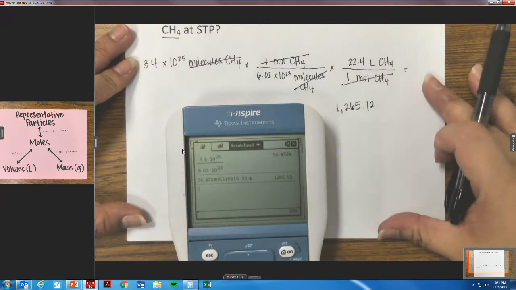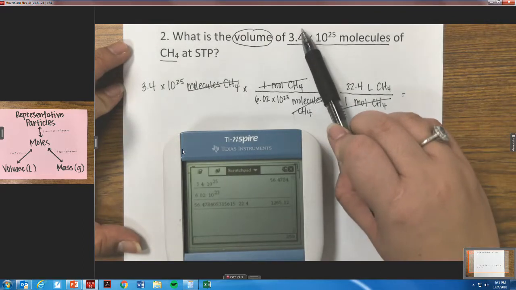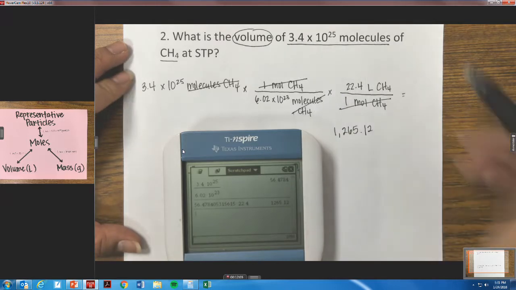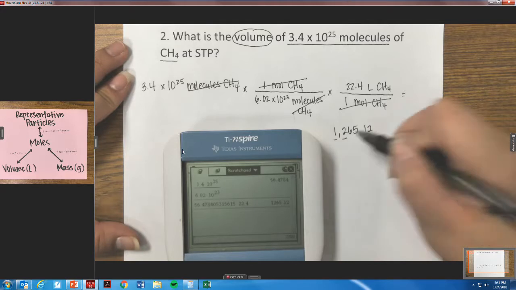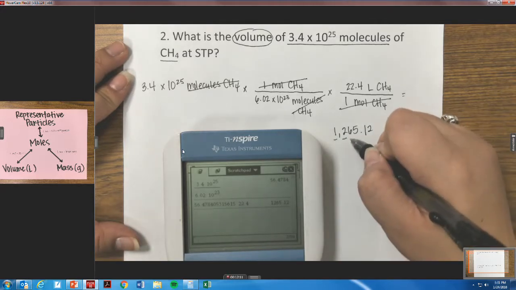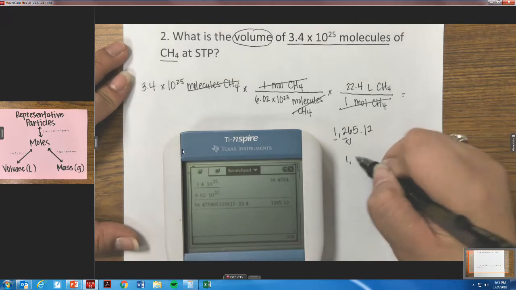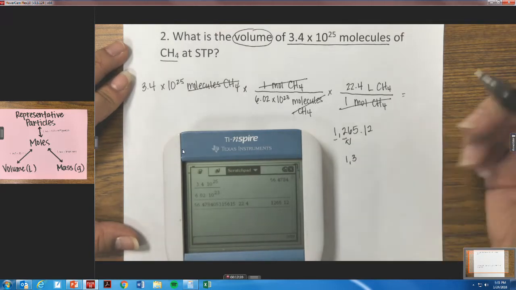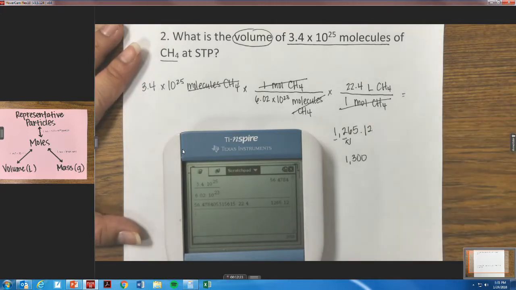But if we take a look at our problem, how many significant figures do we have? We have 2 significant figures. So here is our first significant figure, our second significant figure. That means our 6 is going to bump that 2 up to a 3. And then remember, the rest of your numbers can become zeros.